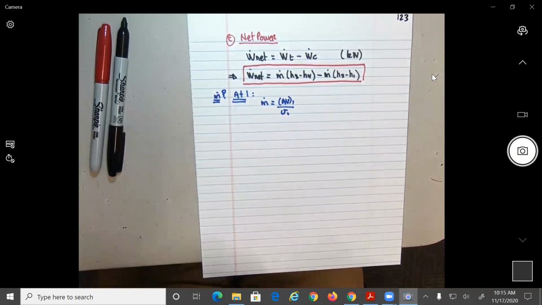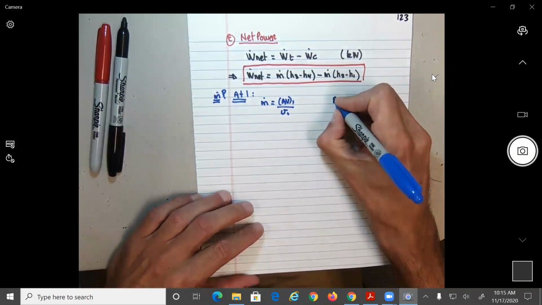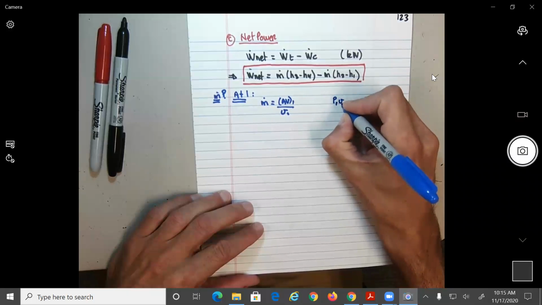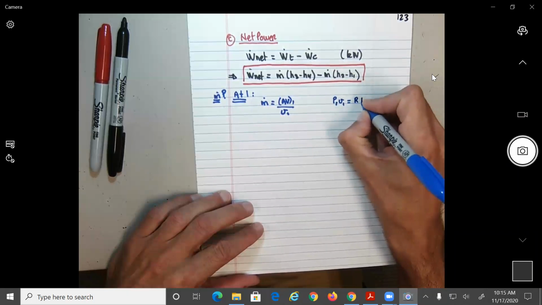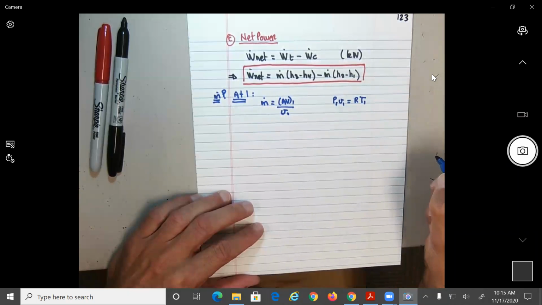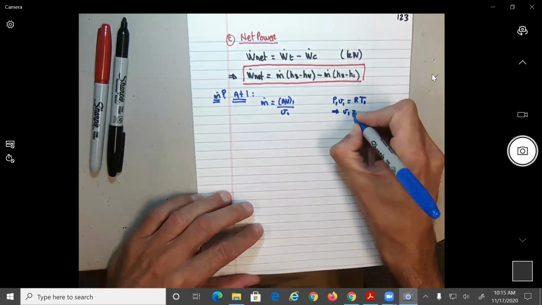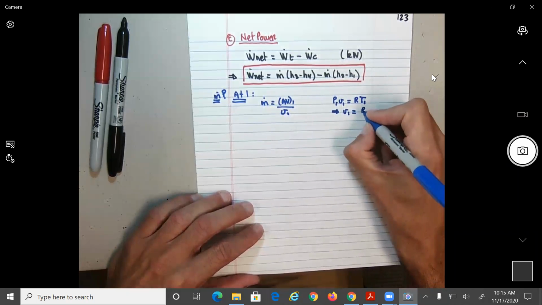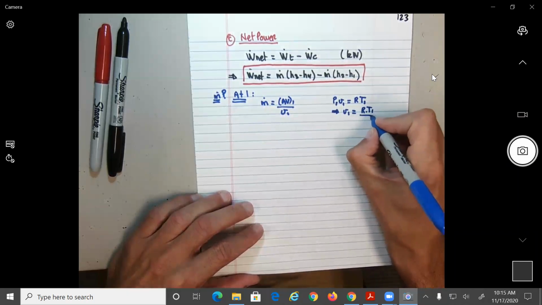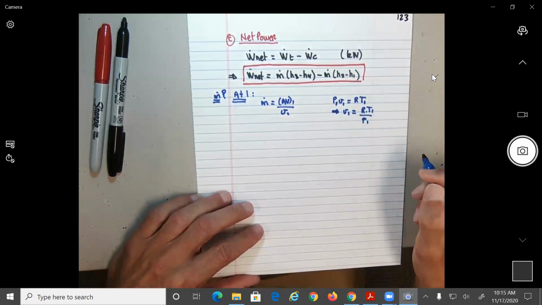Okay, and here we could use the ideal gas relation, which is what? PV, so P1 V1 will be equal to R T1, meaning that V1 will be equal to what? R T1 divided by P1.